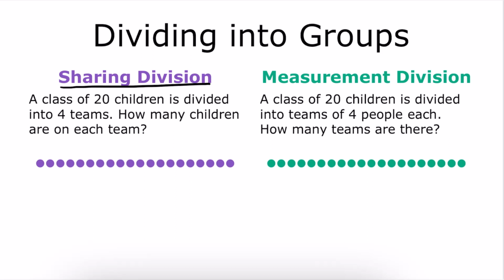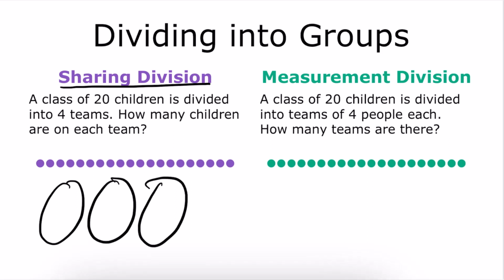So if you were trying to model this, you would say, okay, let's say that we have the 20 children and we want to split them up into 4 different teams. So I might have circles that represent those.